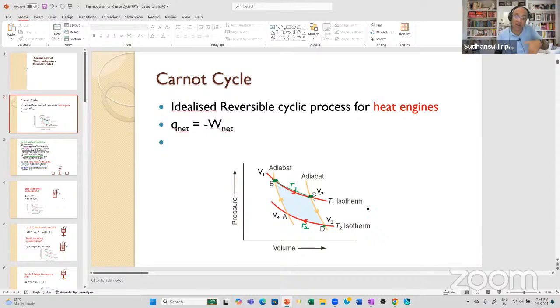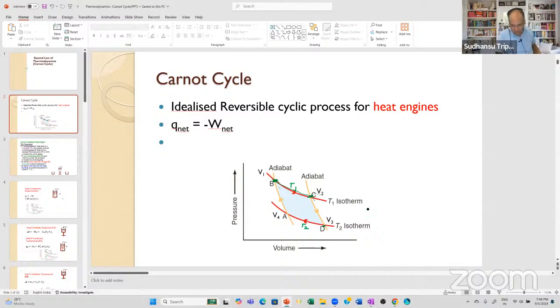So this is another alternative definition of the second law, that all heat that is being absorbed from the hot source cannot be completely converted to work, expansion compression work. Some part of it has to be thrown to another cold body, that is called the sink.